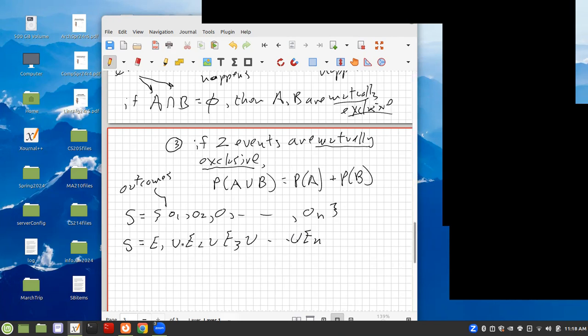And these are mutually exclusive. So simple events are mutually exclusive, because they're just one element in each one.